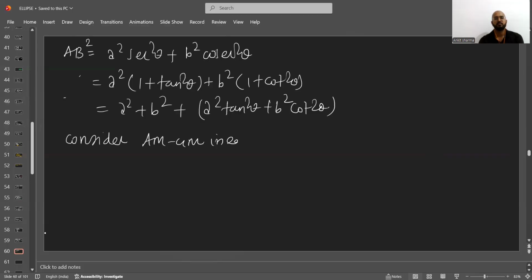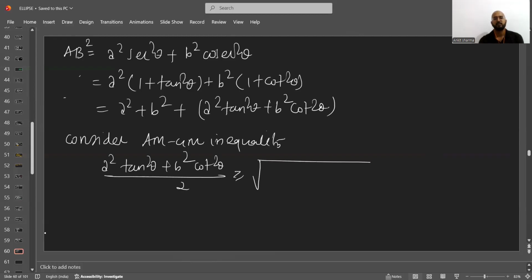Consider the AM-GM inequality. So we have here a square tan square theta plus b square cot square theta, this over 2, will be greater than or equal to the square root of a square tan square theta into b square cot square theta. Now from here I get a square tan square theta plus b square cot square theta will be greater than or equal to simply 2 times ab.